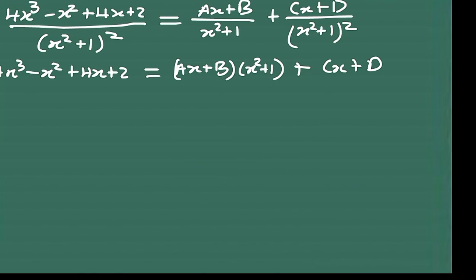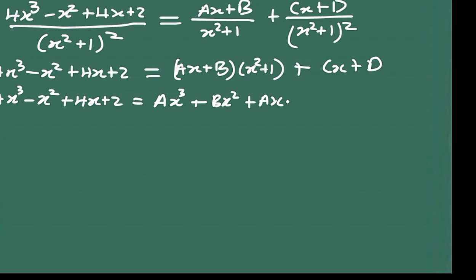Expanding this expression, we still have 4x cubed minus x squared plus 4x plus 2 equals ax times x squared, which is going to give us ax cubed, plus bx squared plus ax plus b plus cx plus d.